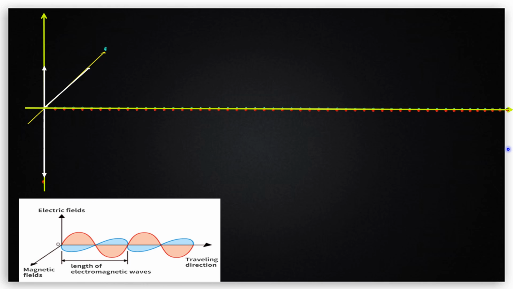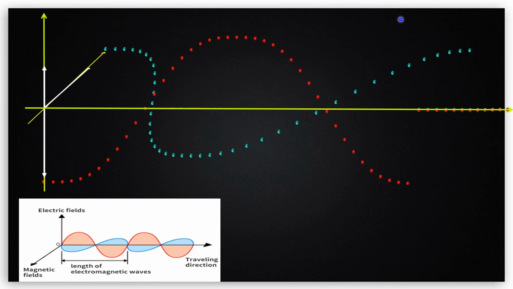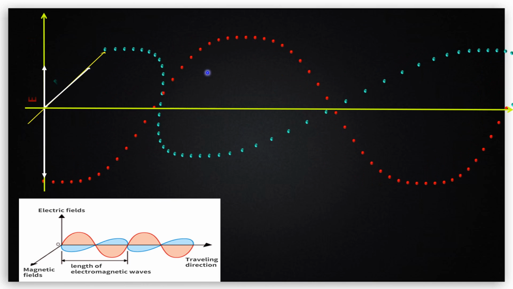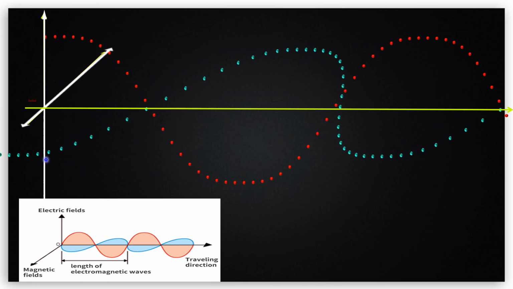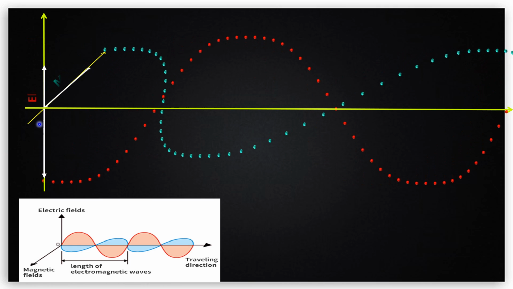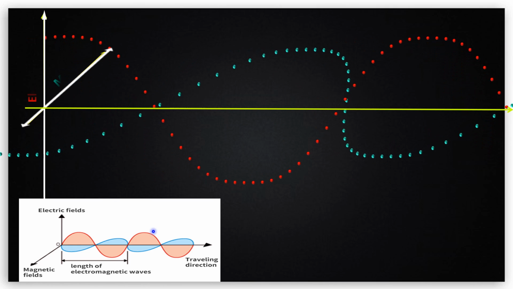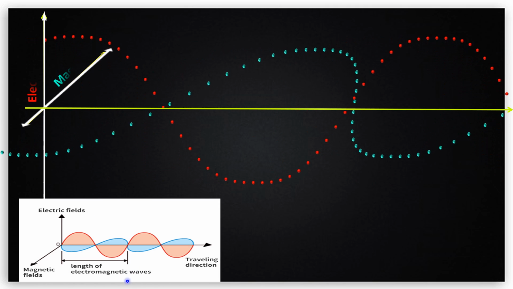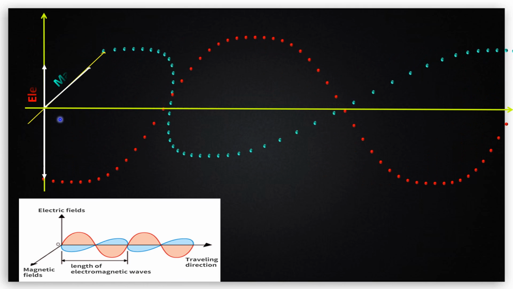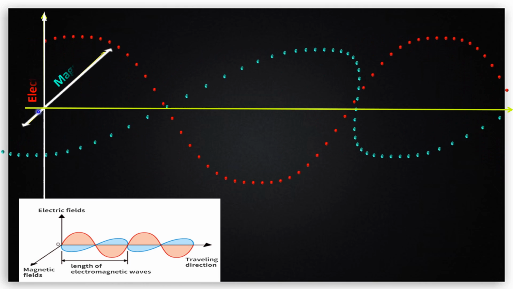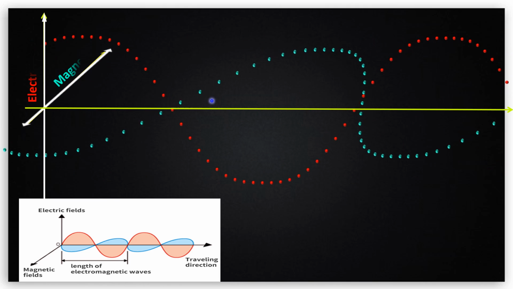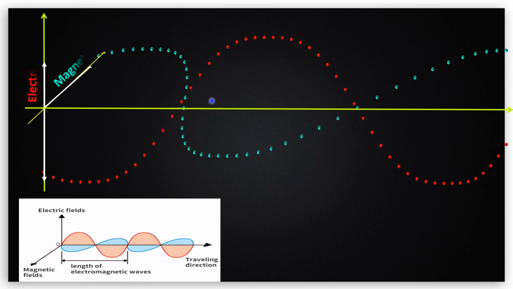See here. The red ones are the electric field and the blue ones are the magnetic field. Some cyan color is there. That means the wave is moving like this, and these two fields are vibrating perpendicularly to one another.